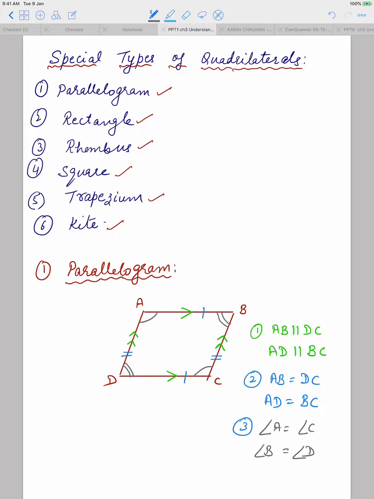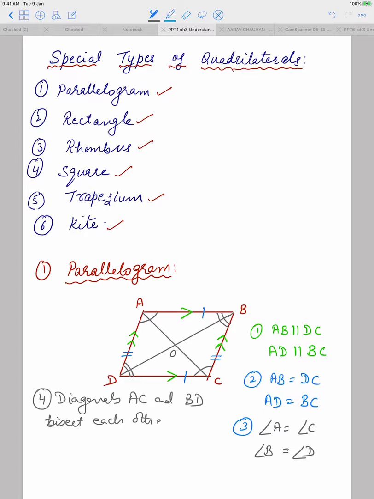Then there is one more property, that is about the diagonals. Suppose I join the opposite vertices B and D, it will become a diagonal. Similarly, if I join A and C, it will also become a diagonal. And suppose that they both meet each other at the point O. Then we can say that the diagonals AC and BD bisect each other.